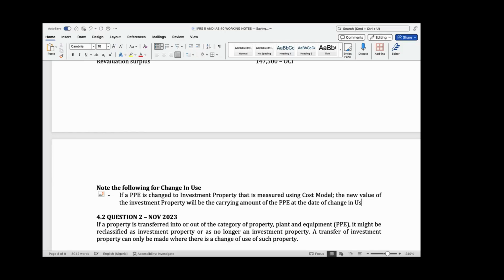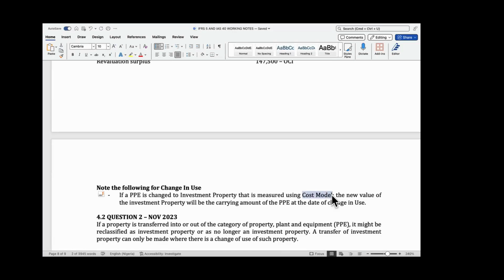What I'm saying is this: if an asset that was PPE before had a value of, let's say, 100,000, the carrying amount is 100,000. You now change it to investment property in, let's say, December of that year, and you have decided to measure that investment property using the cost model.